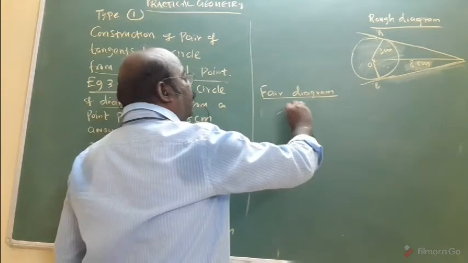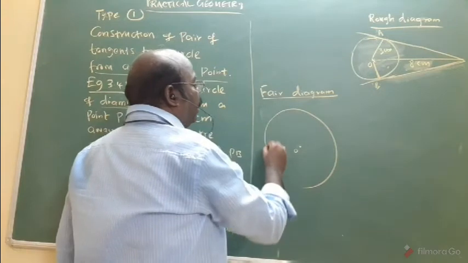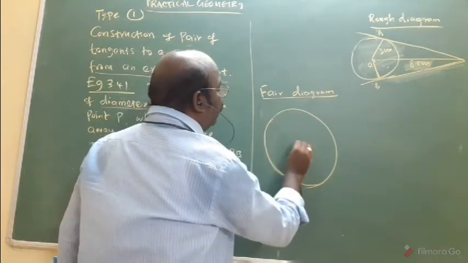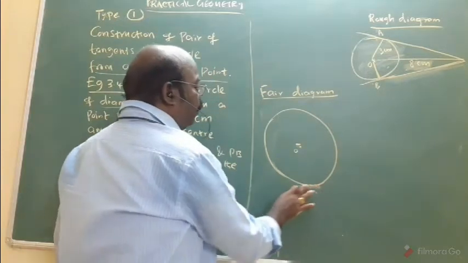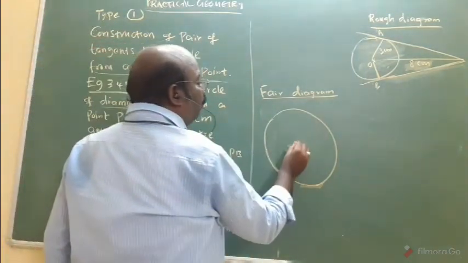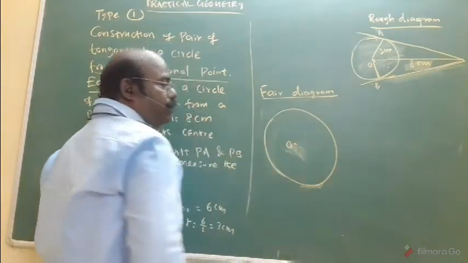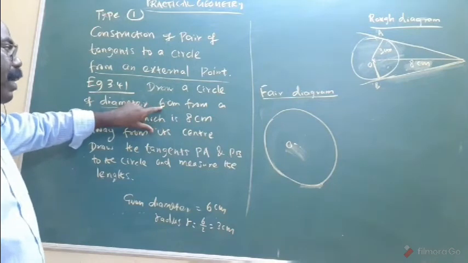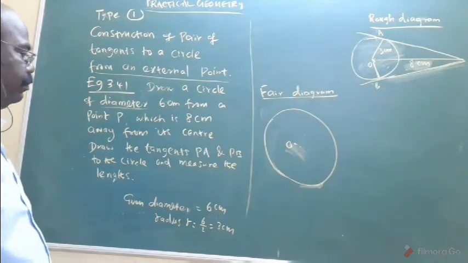Am I right? First part over. Next, what is the condition given? Half of the diameter is the radius. First one over.